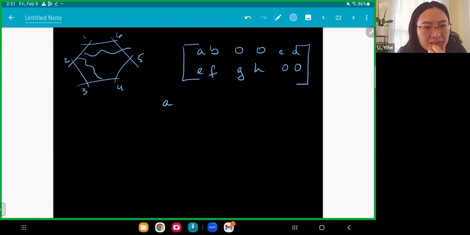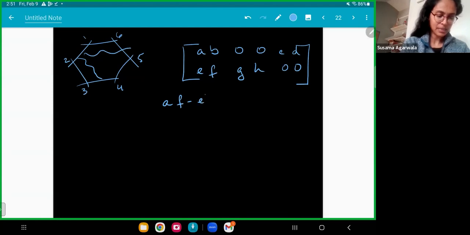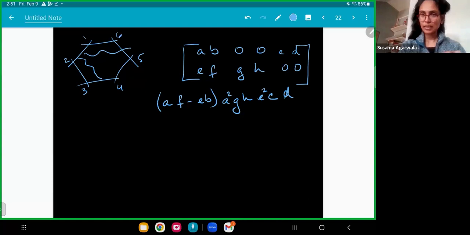Okay, so what I have, my prime factors, so I have AF minus EB. That's the first one. Now I have AG, and now I have AH. And then the rest of them are going to be zero. And then I have EC, and I have ED. That's everything starting from 1. Now I have BG, and then I have BH, and then I have FC, and I have FD.